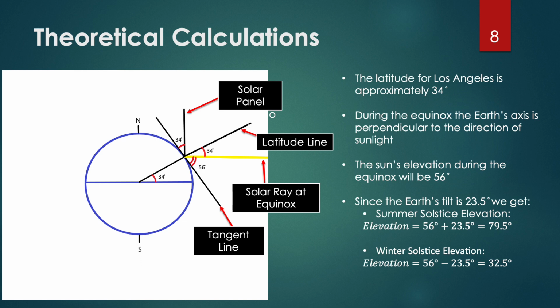So at the summer solstice, the elevation should be the equinox elevation, 56 degrees, plus that 23.5 degrees, which gives us an estimated elevation of 79.5 degrees at the summer solstice. And similarly, at the winter solstice, it should be the elevation at the equinox, 56 degrees, minus the 23.5 degrees. So it's estimated that the solar elevation at the winter solstice should be about 32.5 degrees.